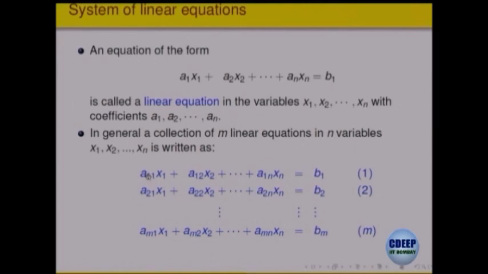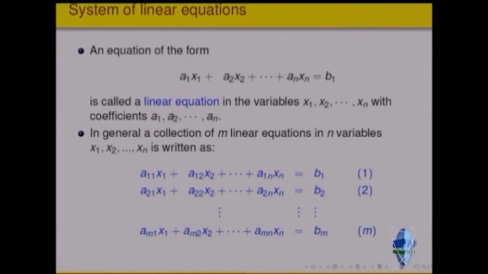The first subscript in the coefficients indicates the equation. So, this a11, a12 and so on, is the first equation. The second equation will have coefficients a21 and so on, and the last equation, that is the mth equation, will have coefficients with subscripts am1, am2 and amn.